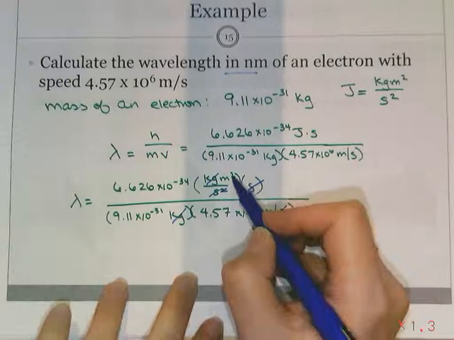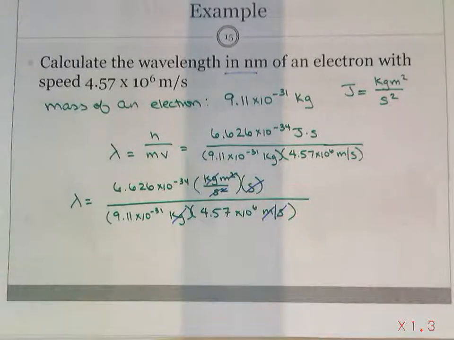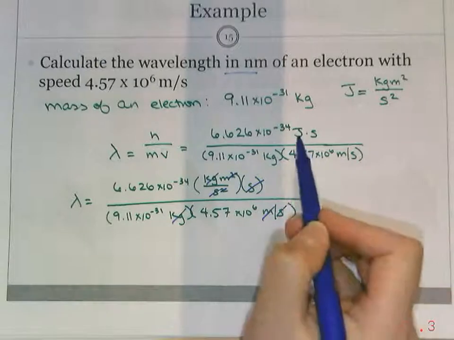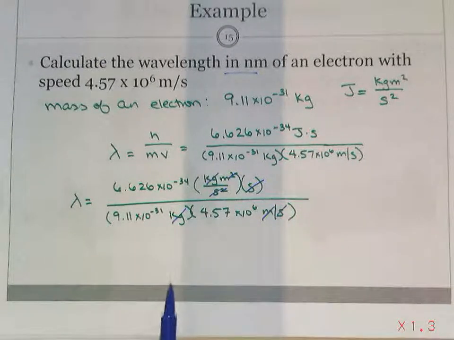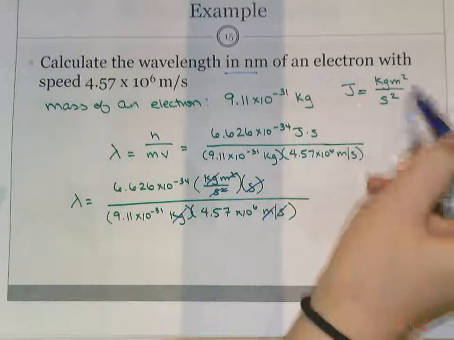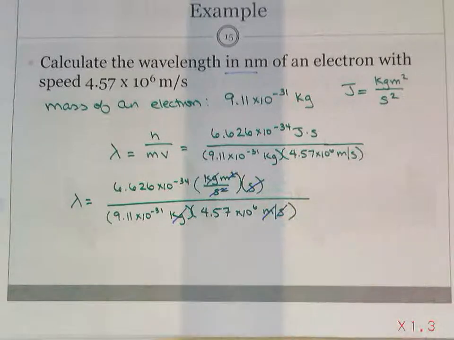Question? Oh, because it was joules times seconds, and I just changed the joules to this crazy thing. And I gotta leave the seconds. So what unit do I have left? Meters. Success. So now we just need to put it into our calculator and do a little converting.